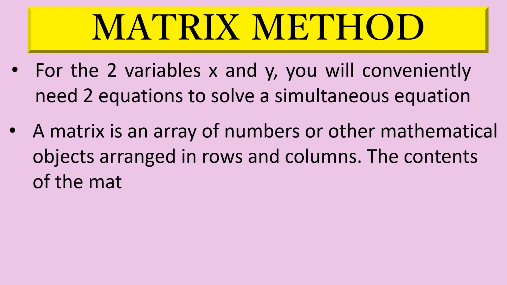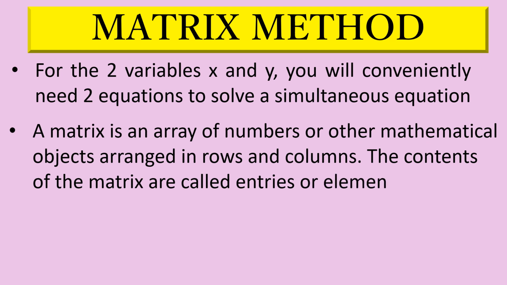A matrix is an array of numbers, or you can also say an arrangement of numbers or other mathematical objects arranged in rows and columns. Now, the contents of this matrix are called entries or elements.